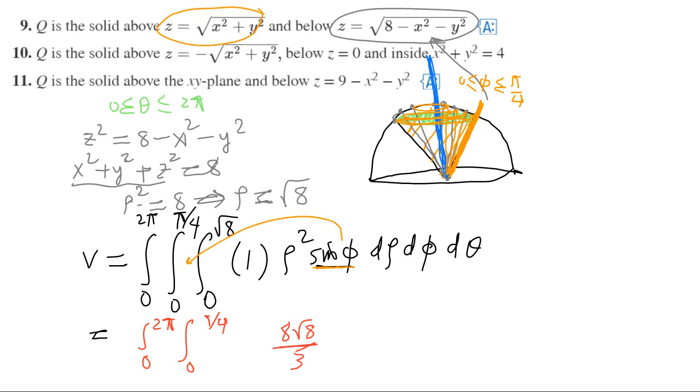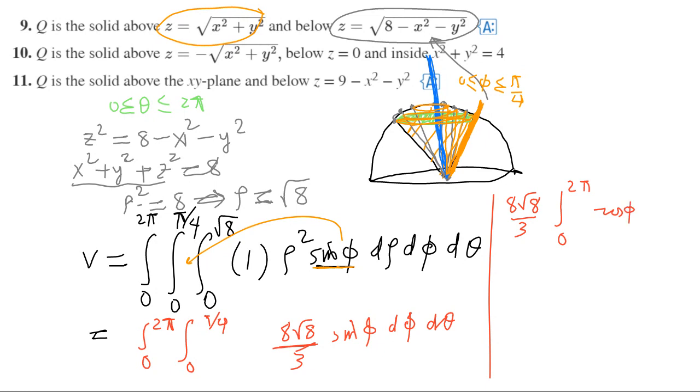Now sine phi d phi d theta. So 8 radical 8 over 3 times minus cosine, yes. Thank you, Fatima. Minus cosine phi from 0 to pi over 4, d theta.